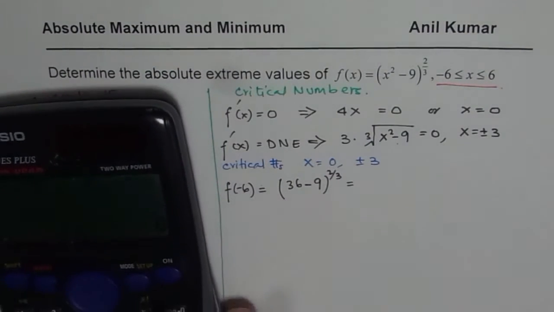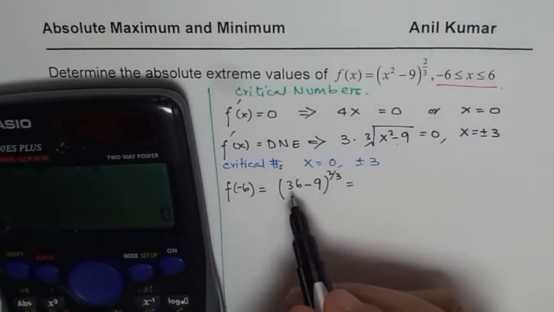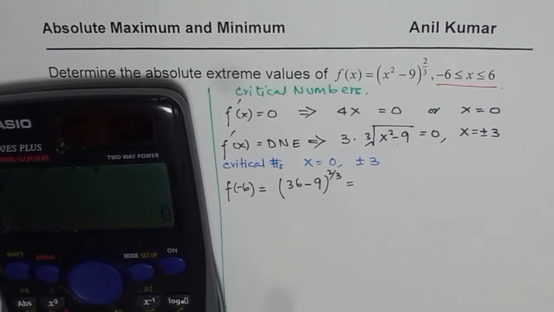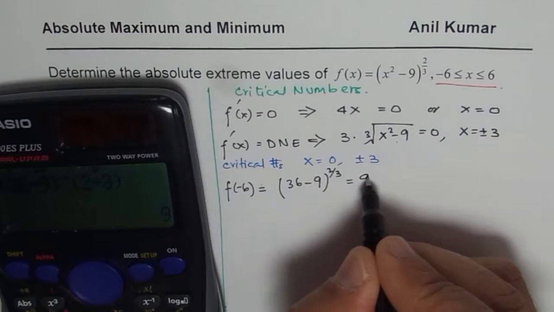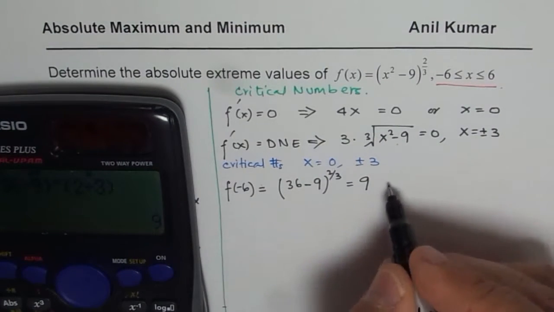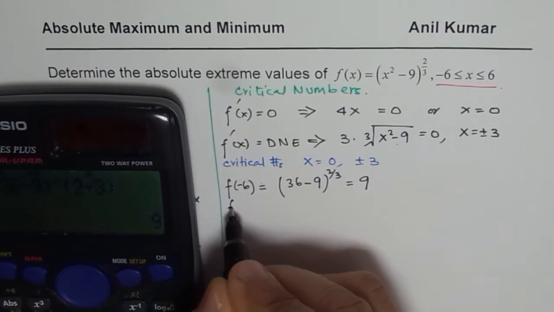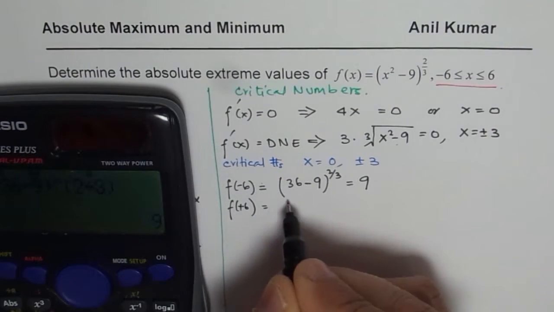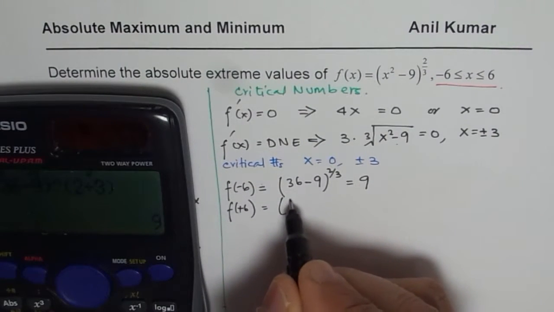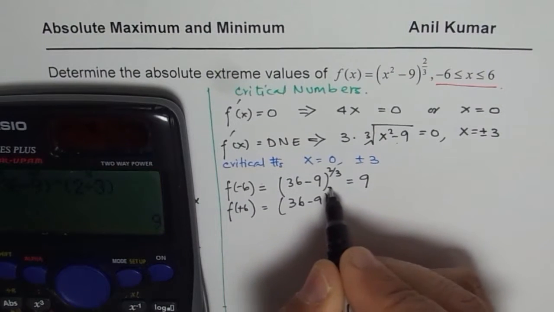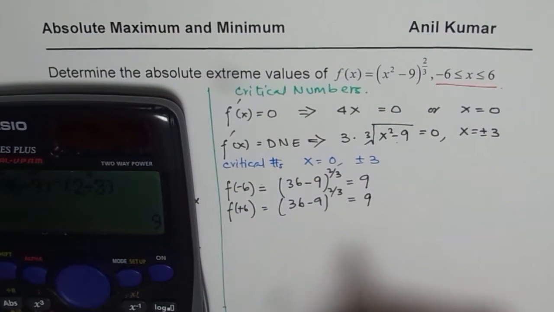So within the bracket we have 36 minus 9 and the exponent is 2 divided by 3. We get the value of 9, which is also equal to f of plus 6, since plus 6 squared is also 36. We get the same value.